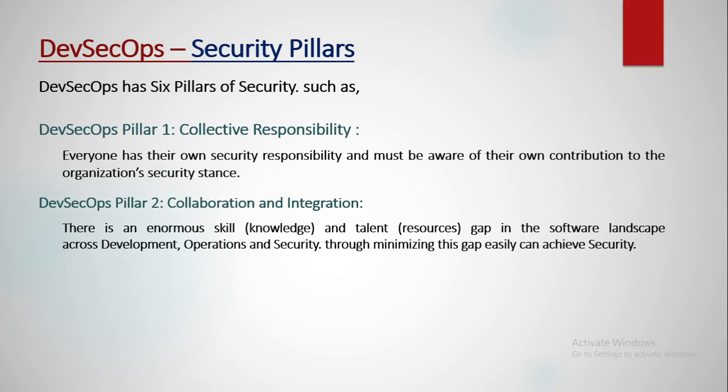Third one is pragmatic implementation. That means companies often end up acquiring tools and ad hoc solutions that are harder to operationalize, difficult to implement, and ultimately don't procure actionable insights that can be used to mitigate actual security risks.